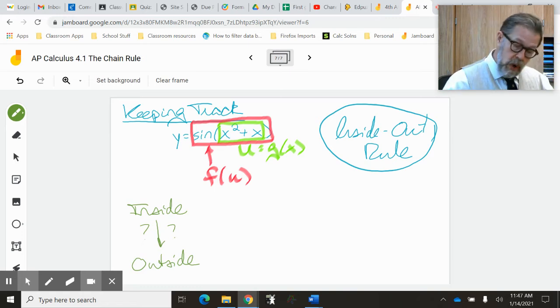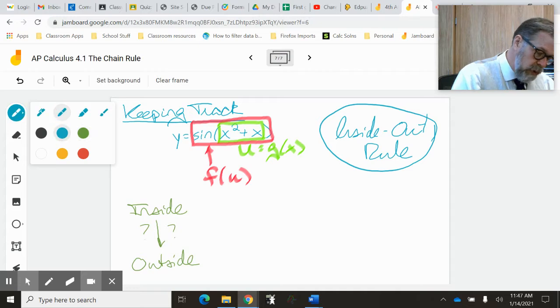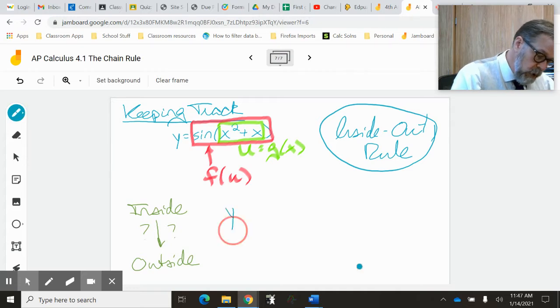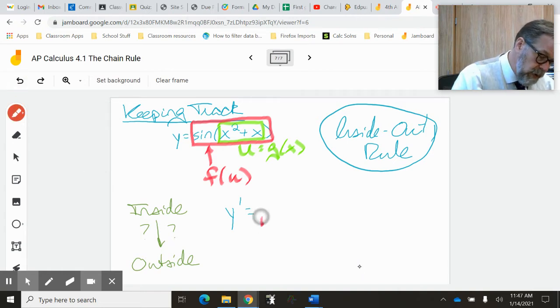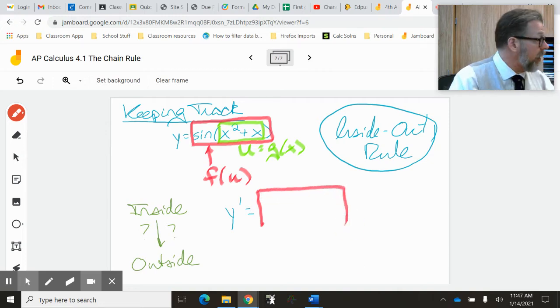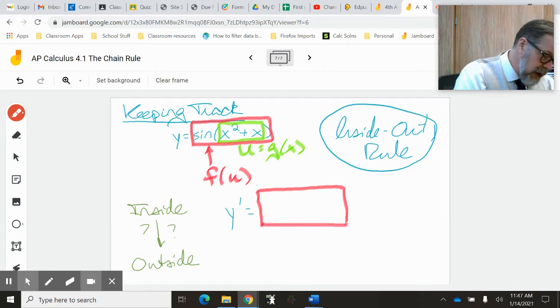So this one, if I think about this, I know that the derivative will be equal to the derivative of the inside. Whoops, meant to switch to red. The derivative of the inside. Wait, did I just say that?